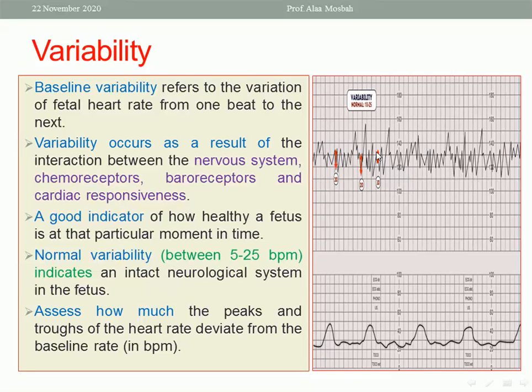So this is called baseline variability. It is a good indicator of how healthy a fetus is at that particular moment in time. Assess how much the peaks and the troughs of the heart rate deviate from the baseline rate.